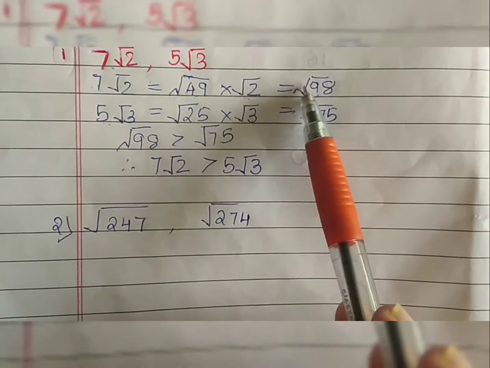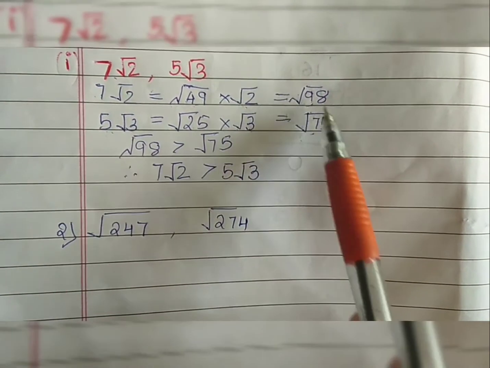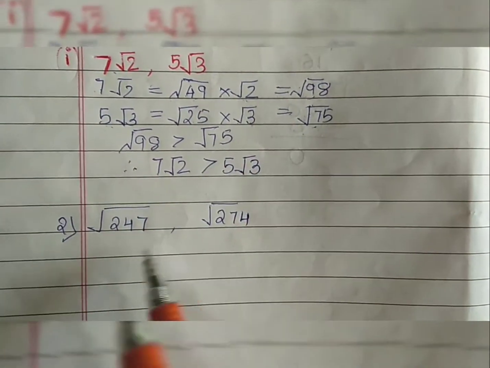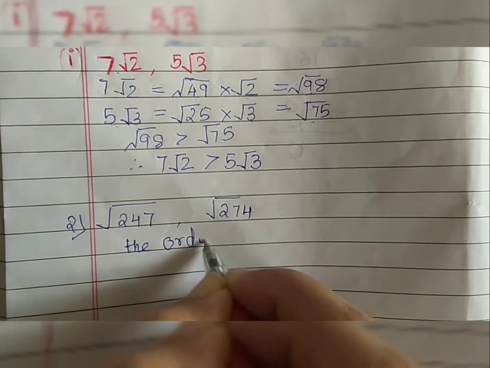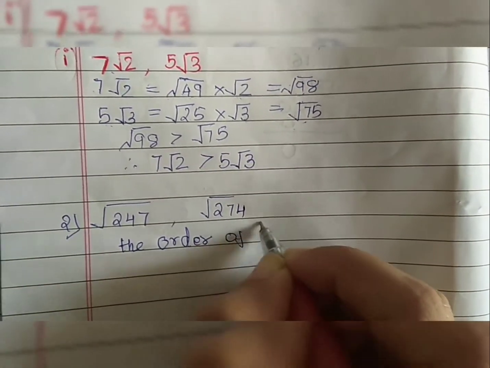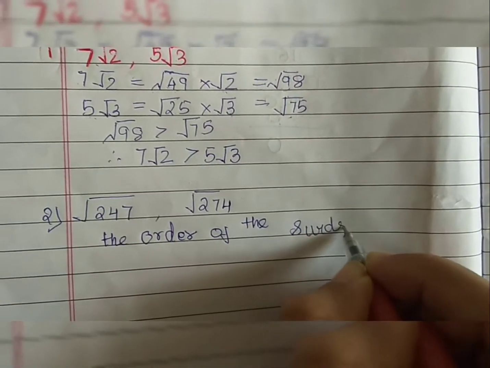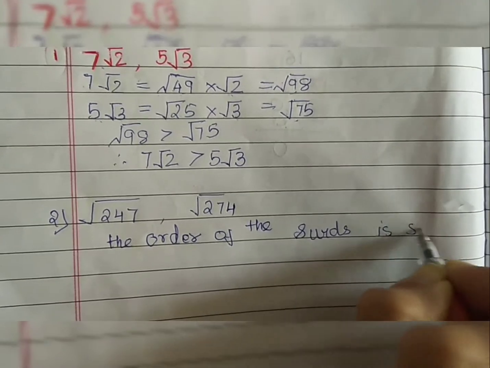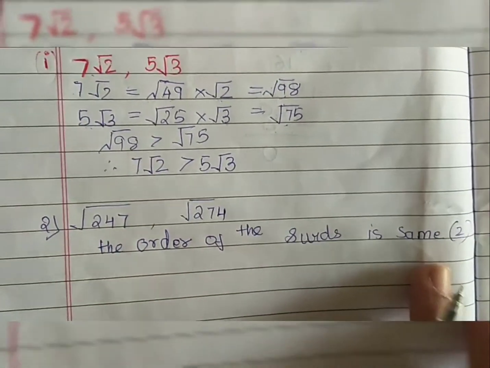Remember students, I explained that if the order of the surds is the same, then you can compare the surds. Here the order of the surds is the same, that is 2, for both.